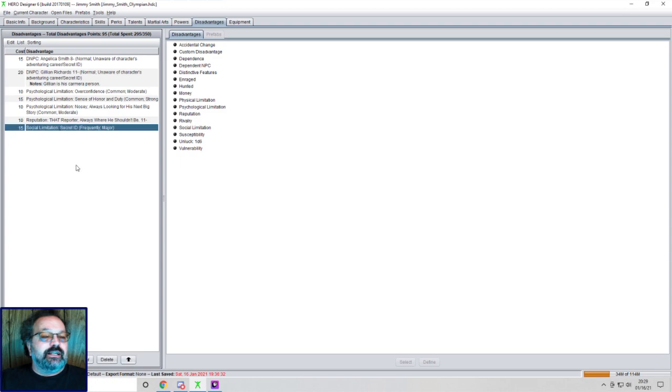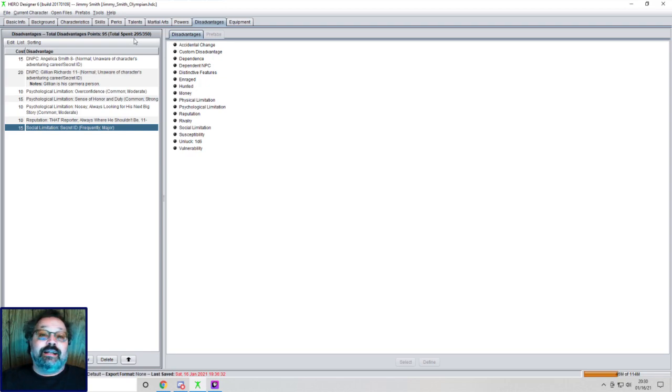And he also has a social limitation of a secret ID. Nobody knows he's also the Olympian. So, these are the things I added to the character. If you notice, I could have added some more disadvantages, but all characters with multiform have to start with the same base points as the true form. So I wanted that 200 base points for his second form, the Olympian.